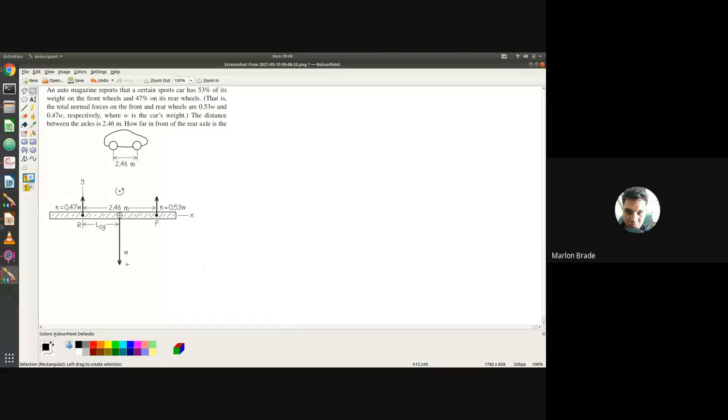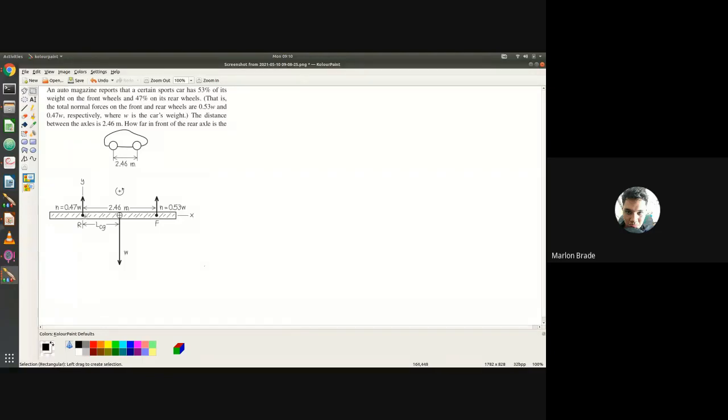The given is only that 0.47 of the weight is on the rear axle and 0.53 on the front. So let's choose one of the axles as the origin. As I mentioned earlier, it doesn't matter, the answer remains the same.